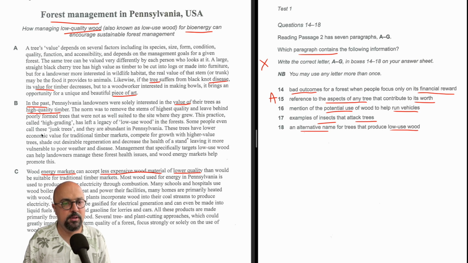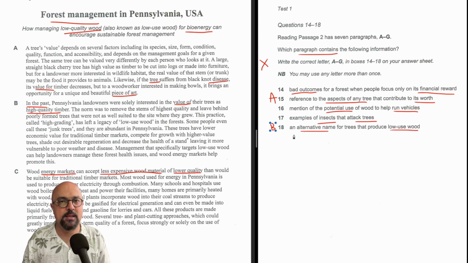Some people even call these junk trees. So low-use wood. Some people even call these junk trees. Alternative name for this kind of wood. Yes, that's for sure. So we're going to write B for 18. Yay. You see, we need to read every line.